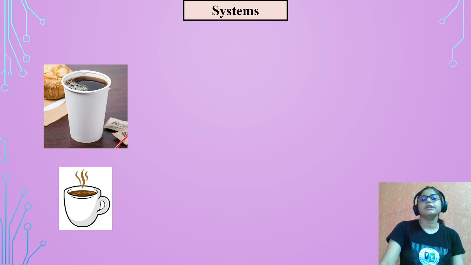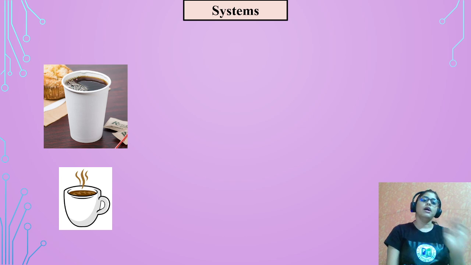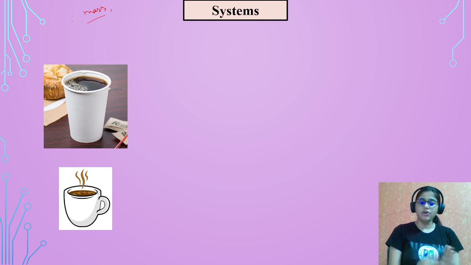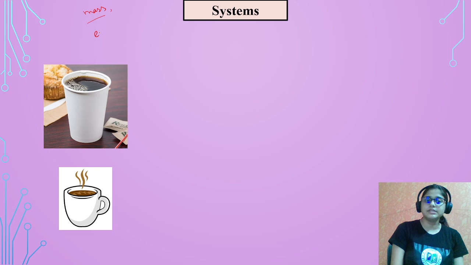So if we are thinking about, let's say, hot coffee or hot tea, what is happening here? Firstly, I have to tell you we are here defining systems on the basis of mass, whether the mass is changing or not, and the energy. Two things are there: mass and the energy of the system.